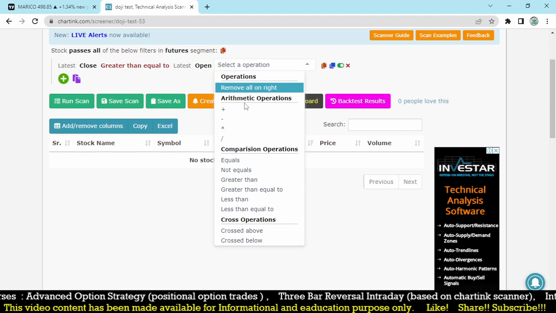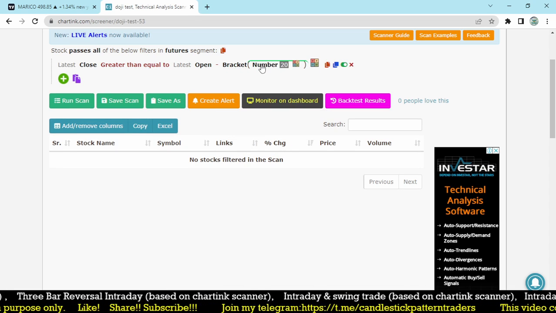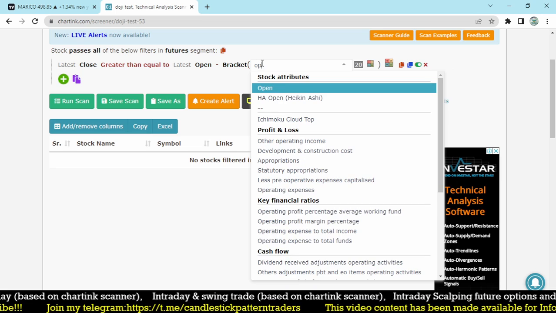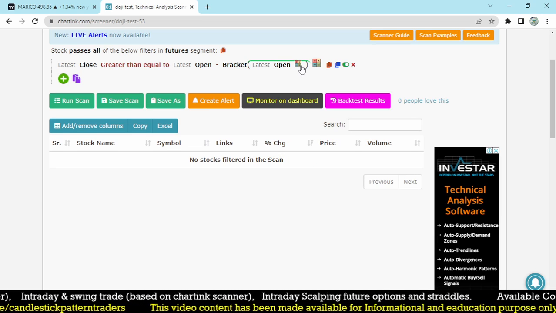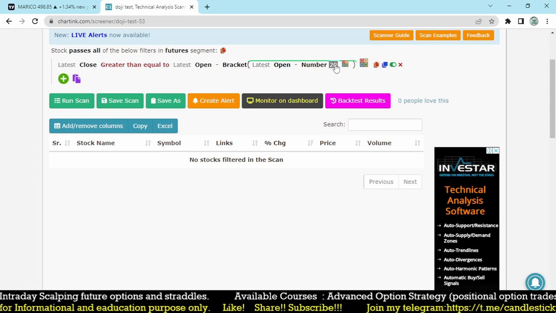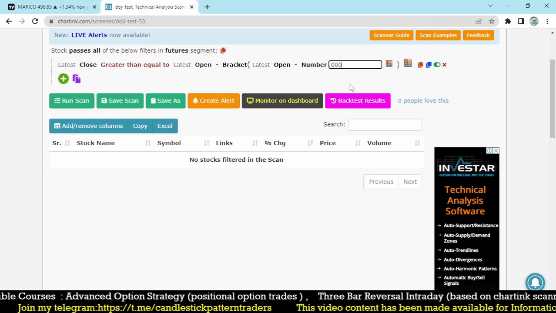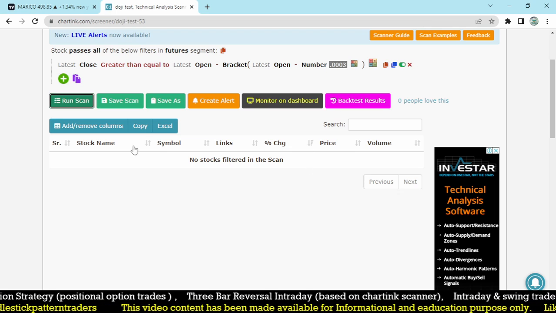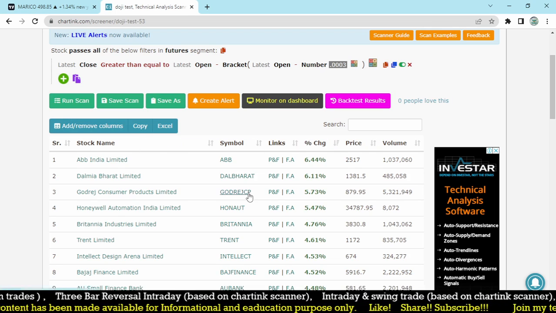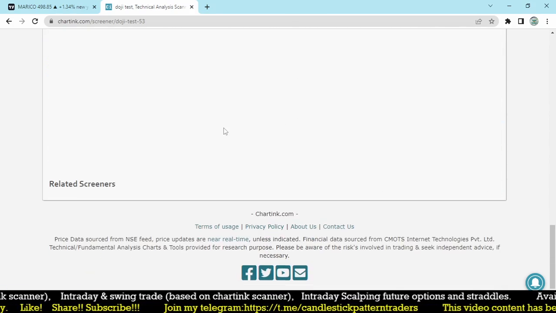I'm going to use latest open multiplied by the number 0.003.